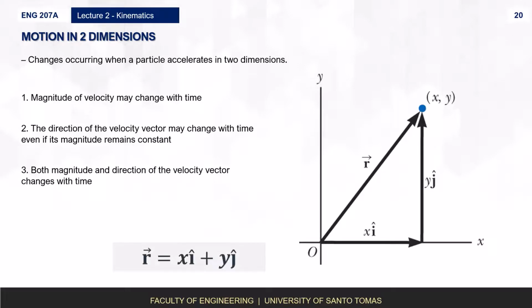A lesson back on vector quantities will be essential in dealing with the motion problems in 2 dimensions. Here is a familiar vector with its components and its resultant represented by such an equation, where x, y, and r change with time as the particle moves, while the unit vectors i and j are unitless and remain constant. i and j represent the x and y axis.